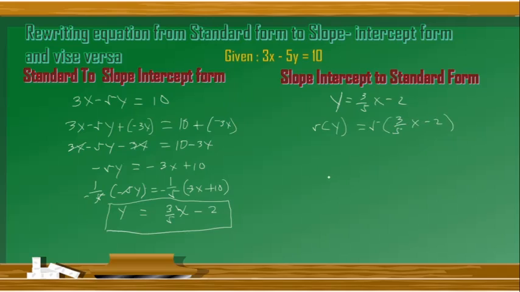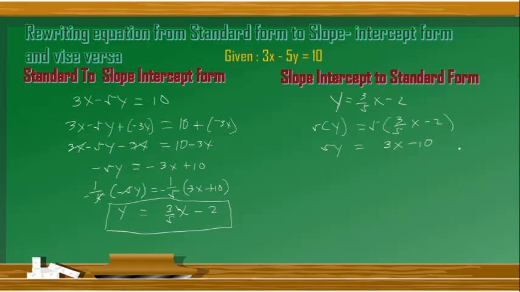Then after that, we will simplify. 5 times y is 5y. 5 times 3/5 is 15 divided by 5, that is 3, so the answer is 3x. 5 times negative 2 is negative 10.